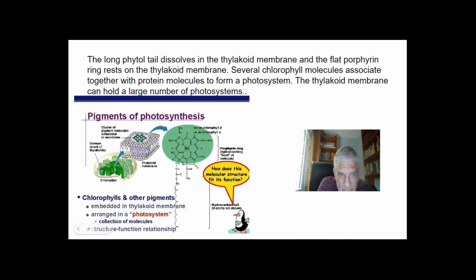So we have chlorophylls and other pigments, and they absorb PAR, photosynthetically active radiation. So chlorophylls are embedded in the thylakoid membrane, and they're arranged into a photosystem, which is a collection of molecules.